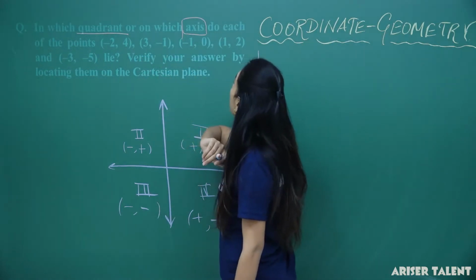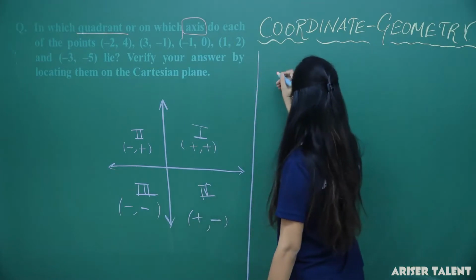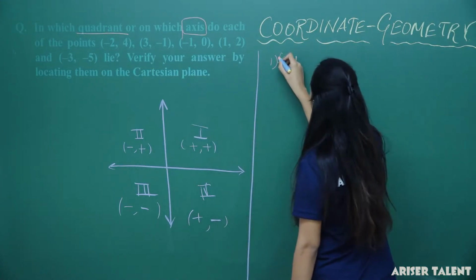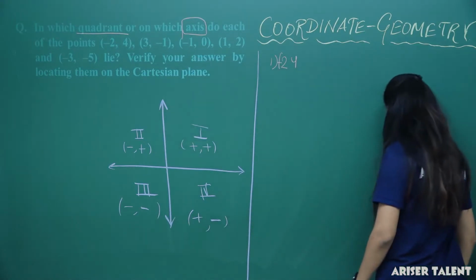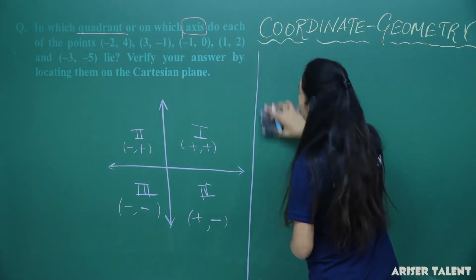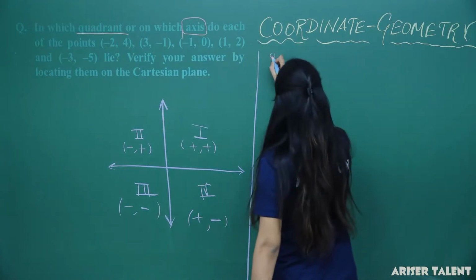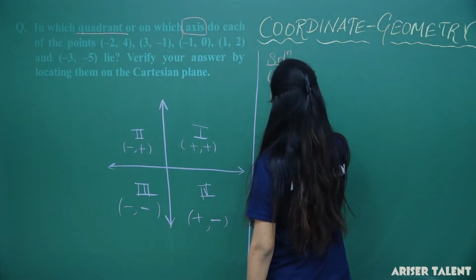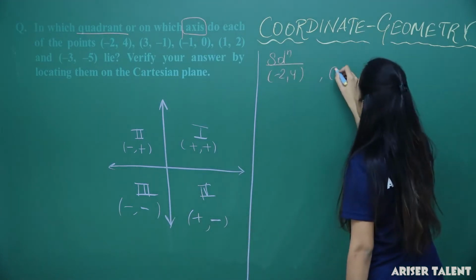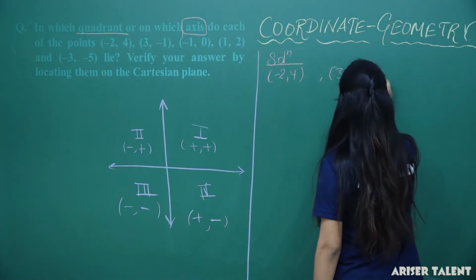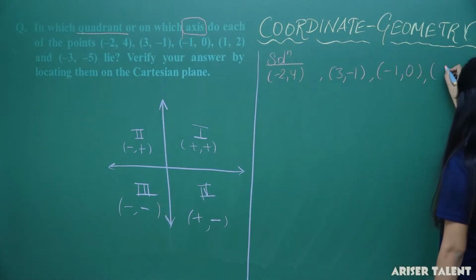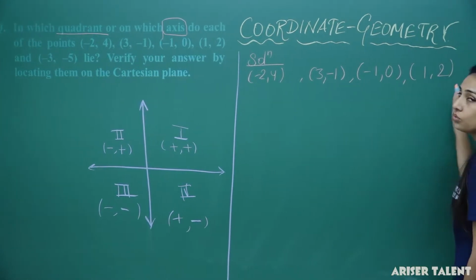Now the first point is (-2, 4), right? Let me make it clear. The first given point is (-2, 4), the second is (3, -1), the third is (-1, 0), and the fourth is (1, 2).